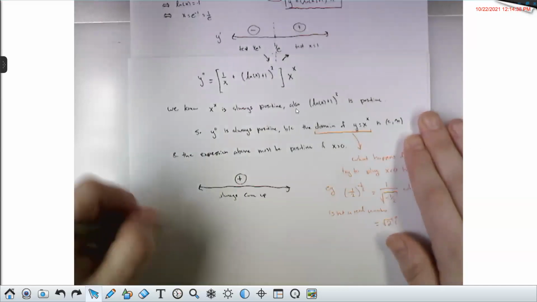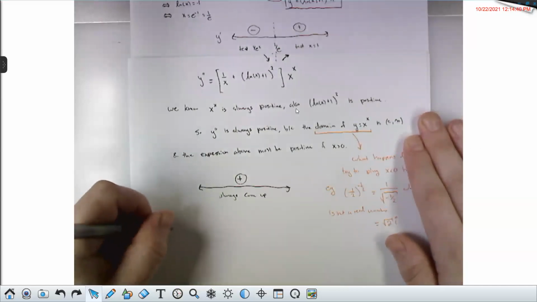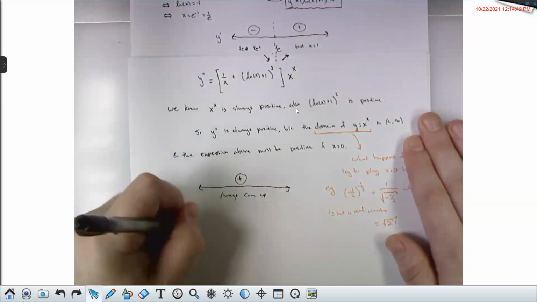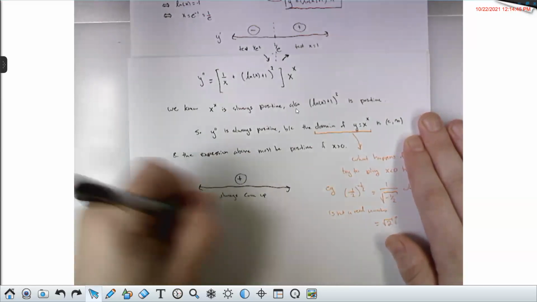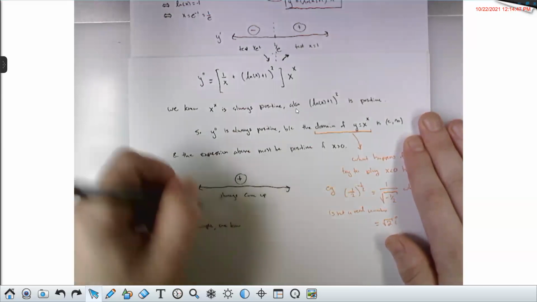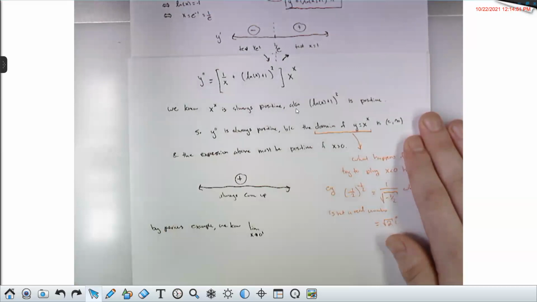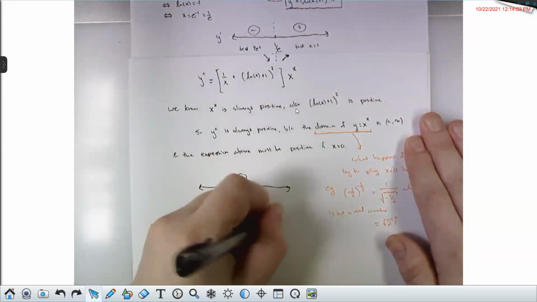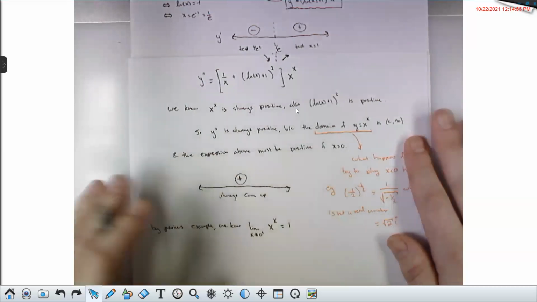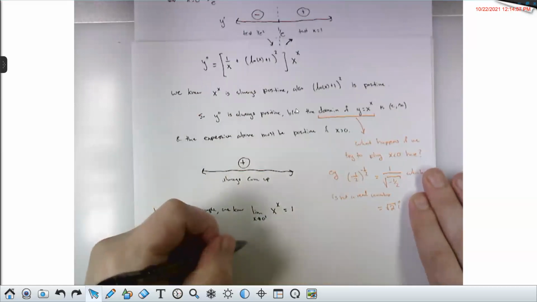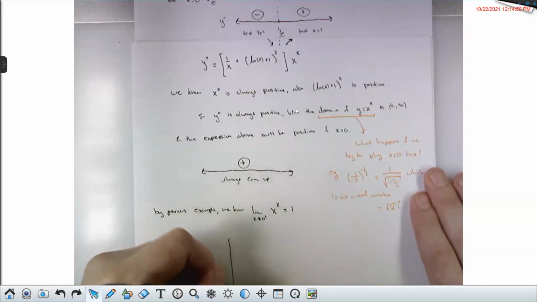And finally, by the previous example, we know that the limit as x approaches 0 from the right of x to the x is 1. So the graph here is kind of interesting.